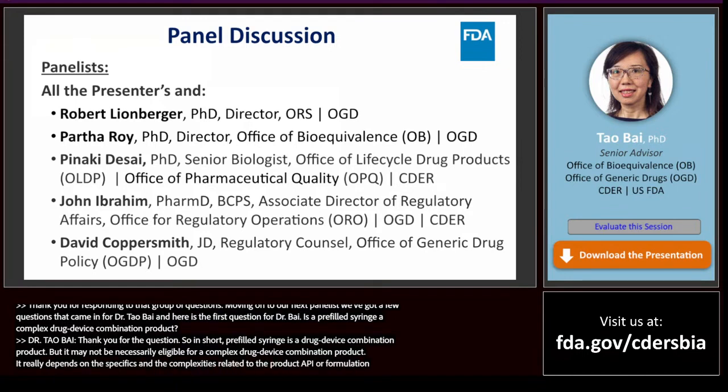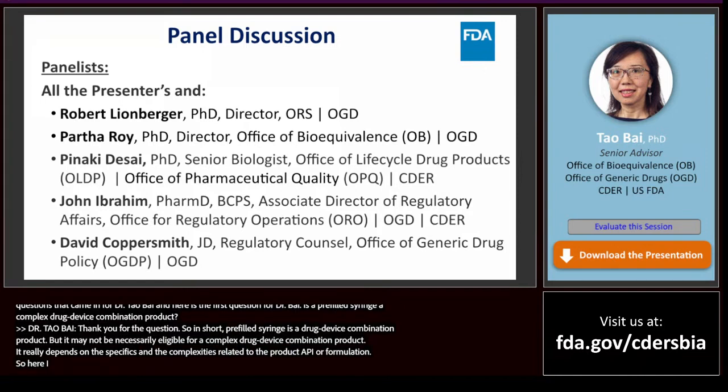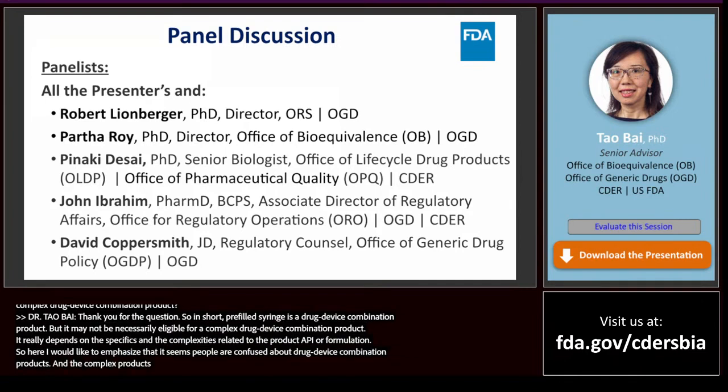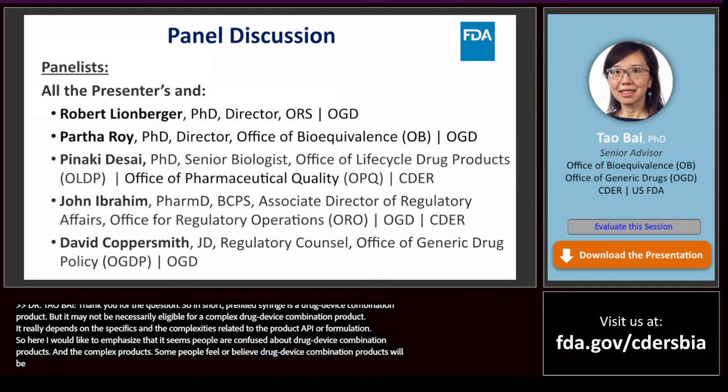Here I'd like to emphasize that it seems people are confused about drug device combination products and complex products. Some people believe drug device combination products will be eligible for complex products. But in fact, not all drug device combination products are complex.